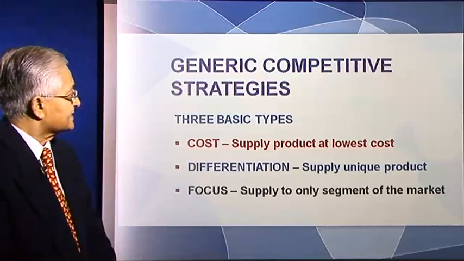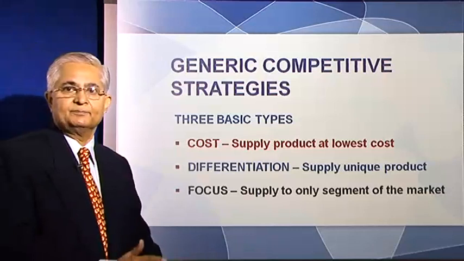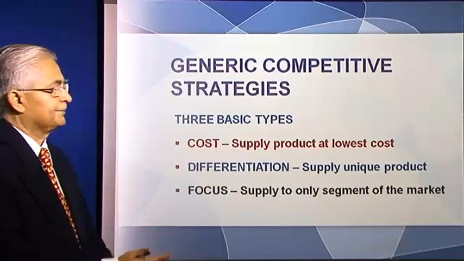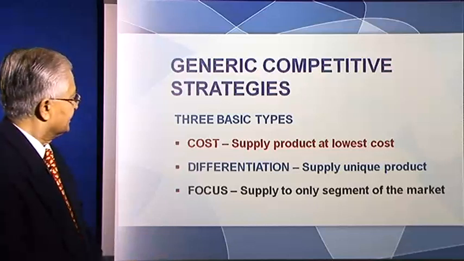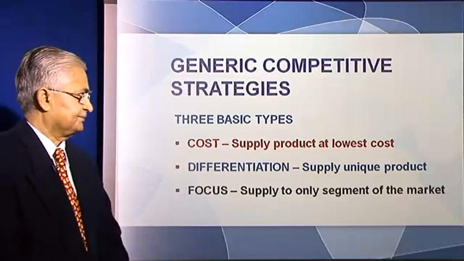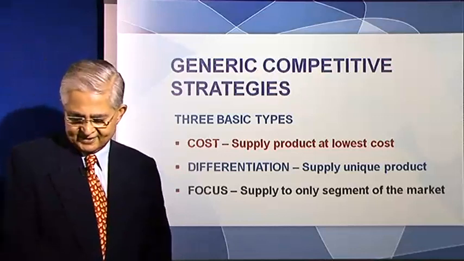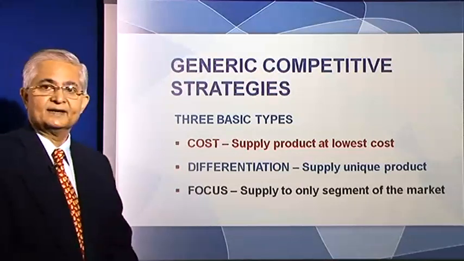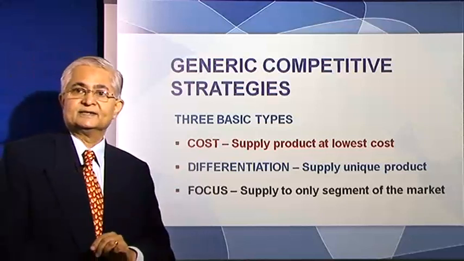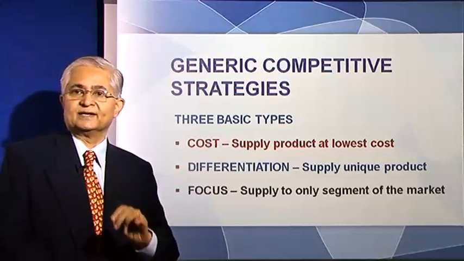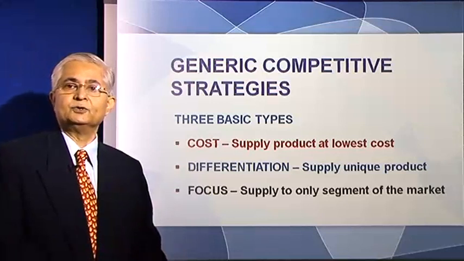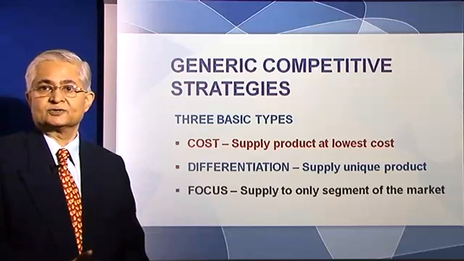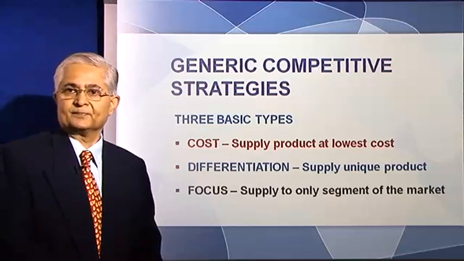Then the second broad type of strategy, what we call the second generic competitive strategy, is differentiation. Now, what is the differentiation strategy? In the differentiation strategy, we are saying that the product we supply to the customer will be a unique product which the customer does not get from elsewhere, right?